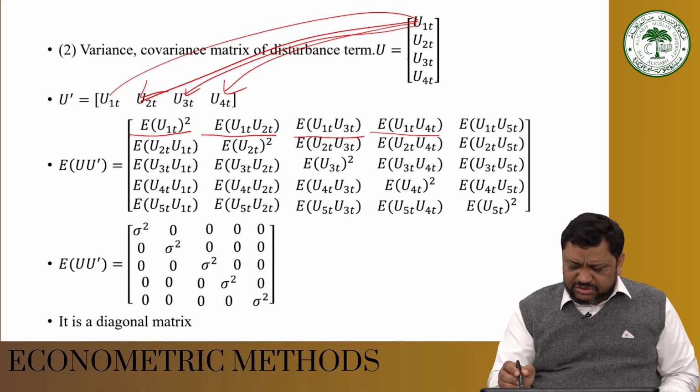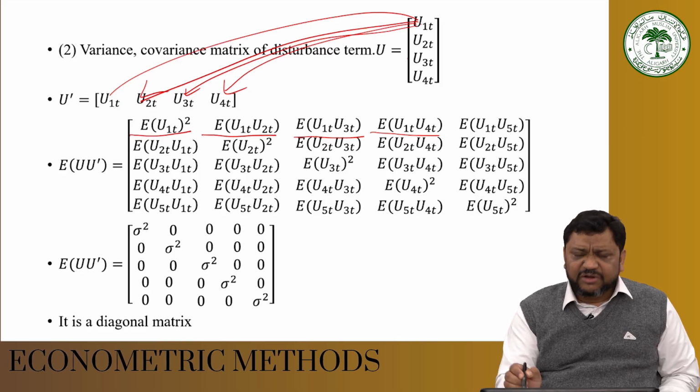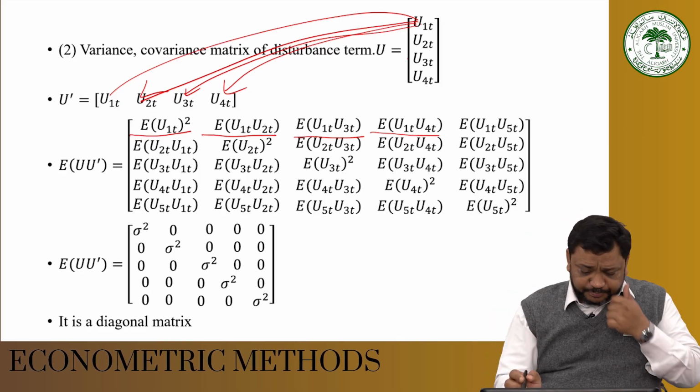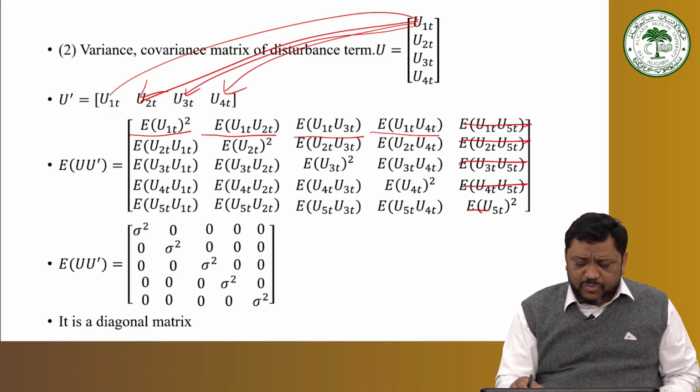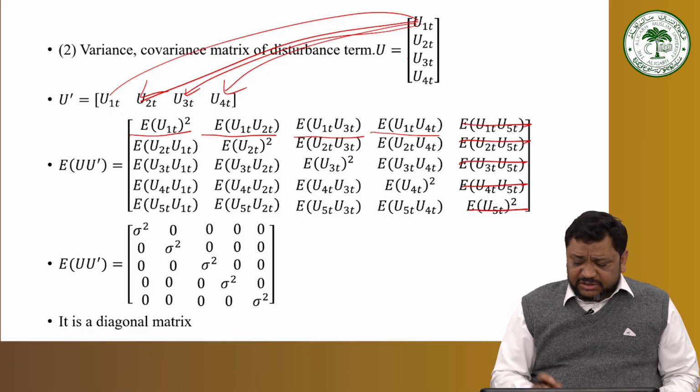Please ignore the last column of the square matrix; it would have come only if there was a U5t.